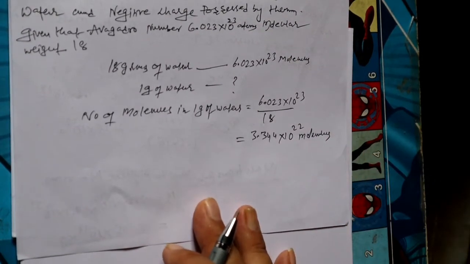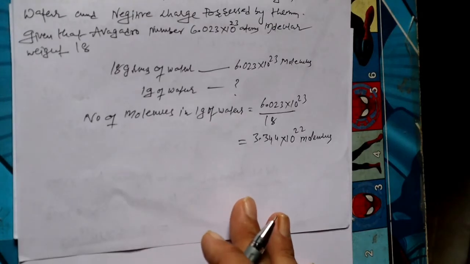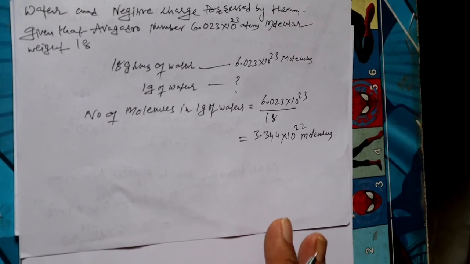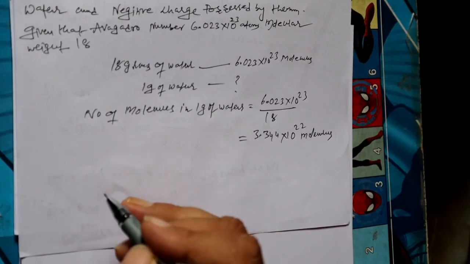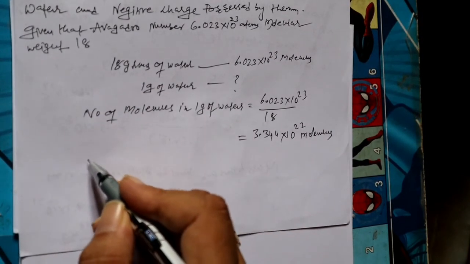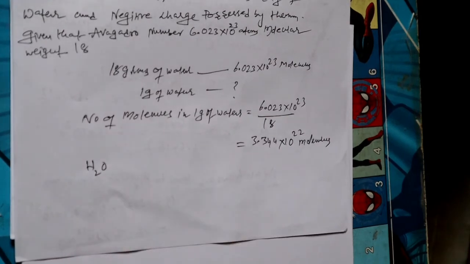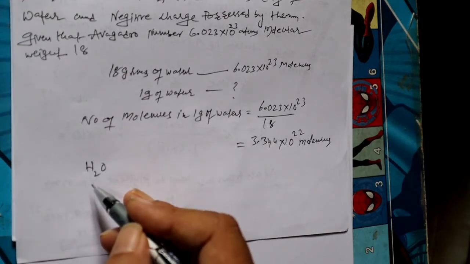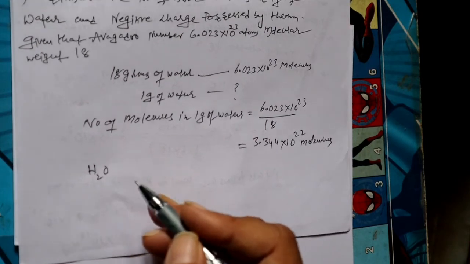Now, how many electrons in 1 molecule of water? What is the chemical composition of water molecule? H2O. How many electrons are in 1 molecule? In hydrogen, there are 2 electrons. In oxygen, there are 8 electrons.